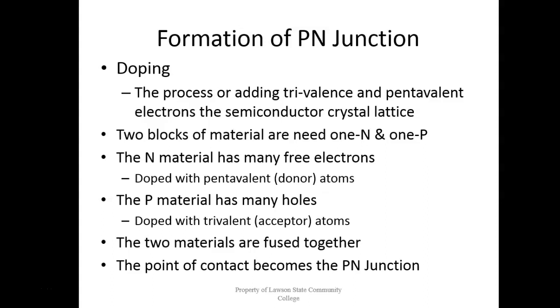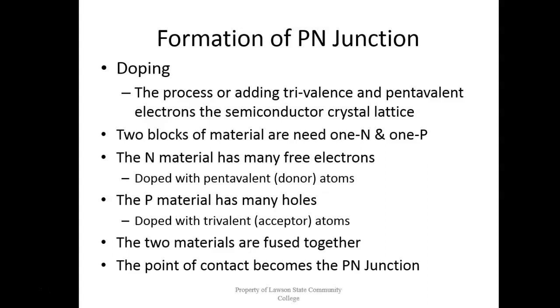So we can change it by introducing trivalent atoms, which have three electrons in the valence shell. Pentavalent atoms have five electrons in the valence shell. Semiconductors have four.